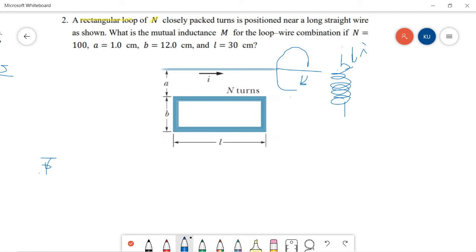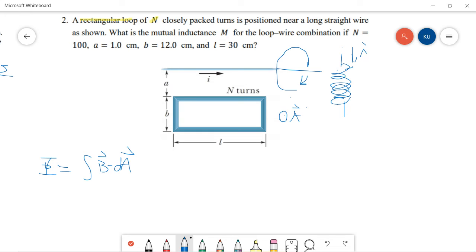So phi will be the integral of B dot dA across this area. According to the right-hand rule, the magnetic field across this area will be pointing out of the page, perpendicular to the page. So B and dA you can also define to be out of the page. So B dot dA is nothing but B dA.